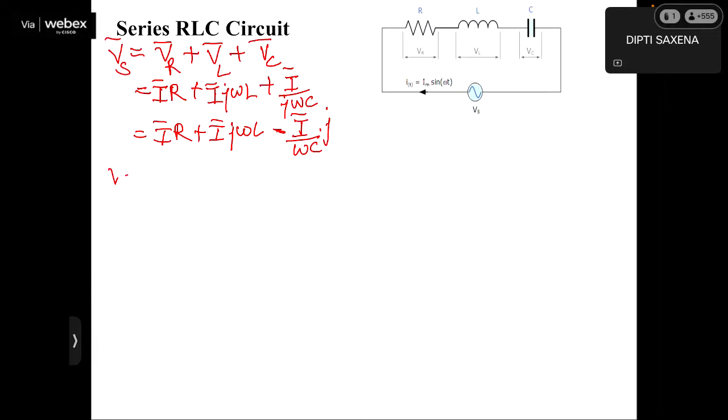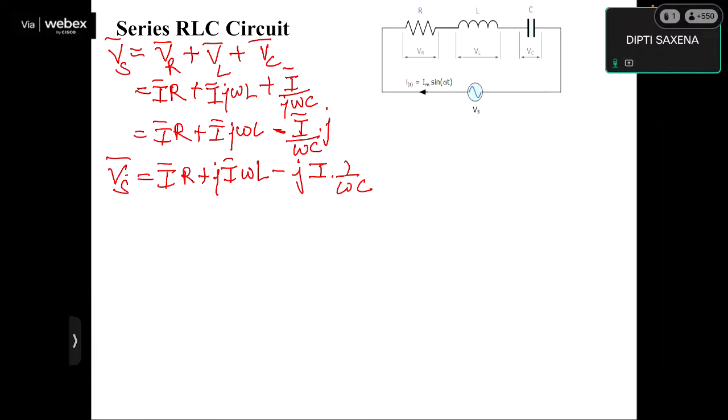That is, Vs is equal to IR plus jI omega L minus jI times 1 upon omega C.